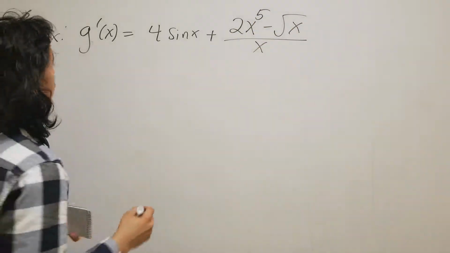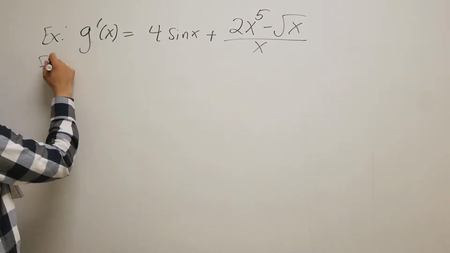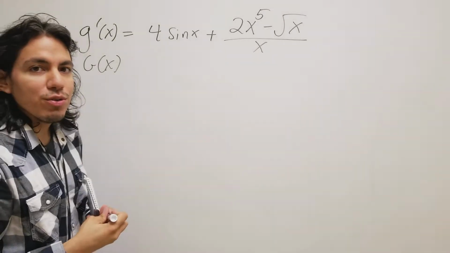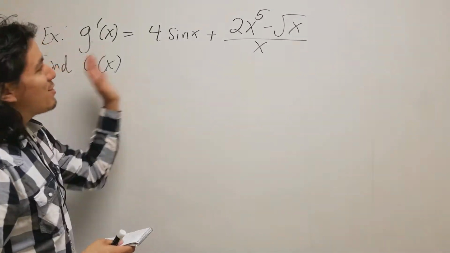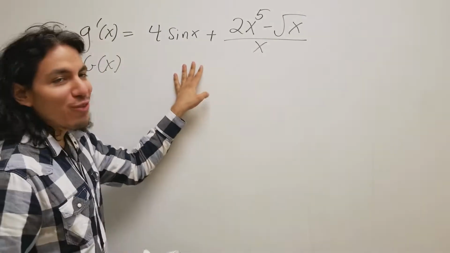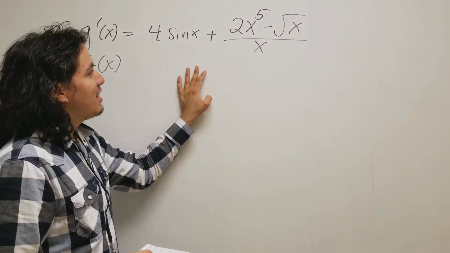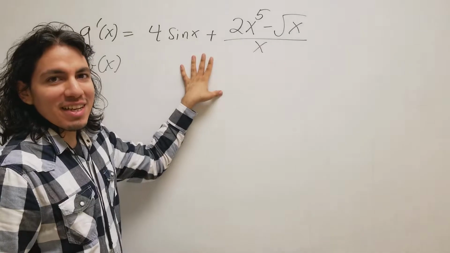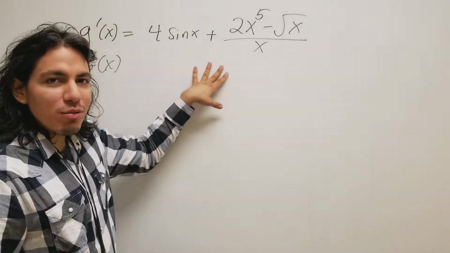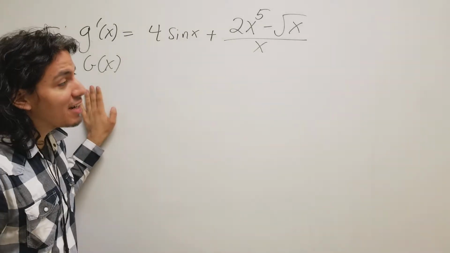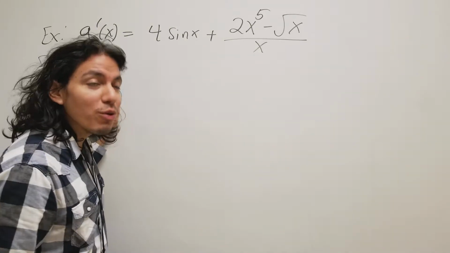Now, the question will say find g of x, meaning it's asking you, here's your mess, here's what you started off with, and how did I get this mess to begin with? That's why you have the antiderivative, to go back in time and say, hey, what's going on here? What happened?